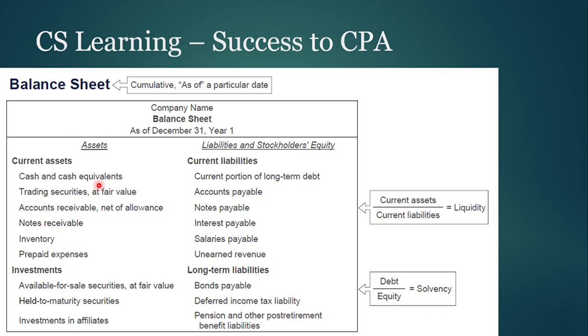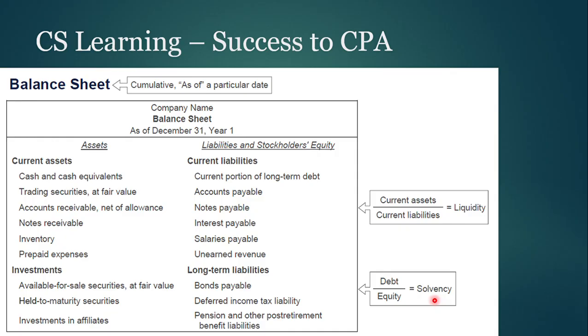So you have to manage your liquidity in such a way that it should not be too high and not too low. And the next is the debt and equity ratio. By checking the balance sheet, you can understand how good you are with respect to your debt and equity ratio.